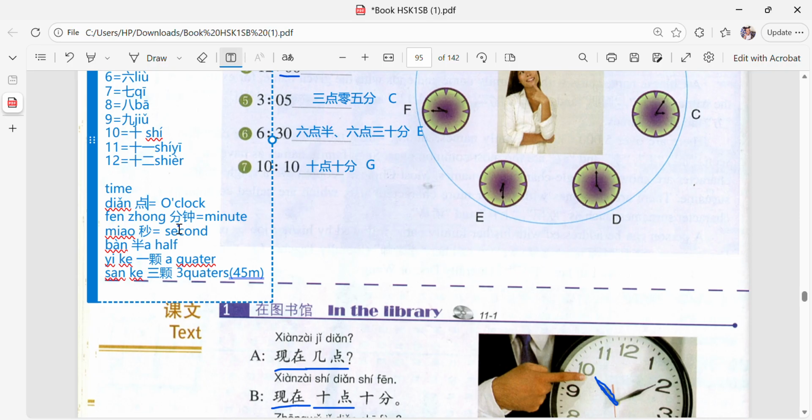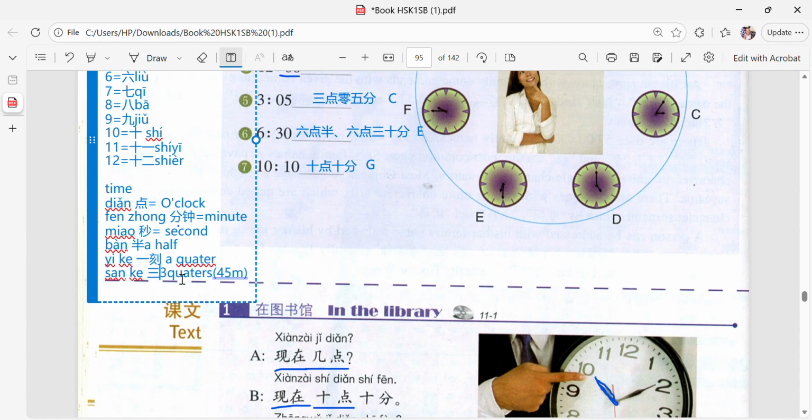Are we together? And then we have a quarter, which is yí kè. Yí kè. This is yí kè. Your keyboard brings a lot of options.